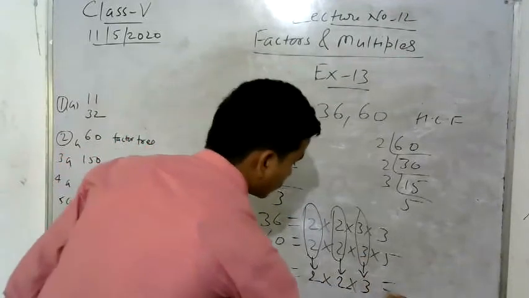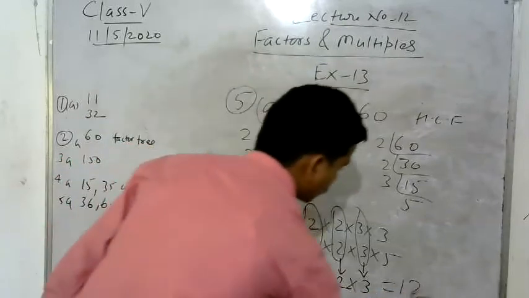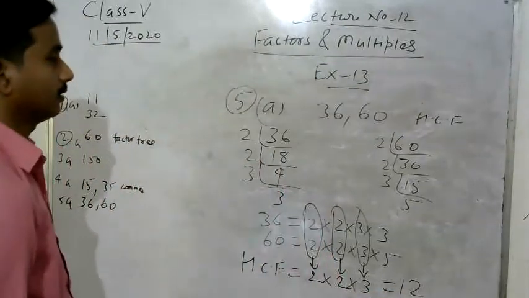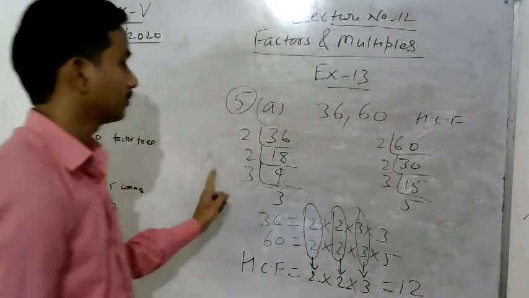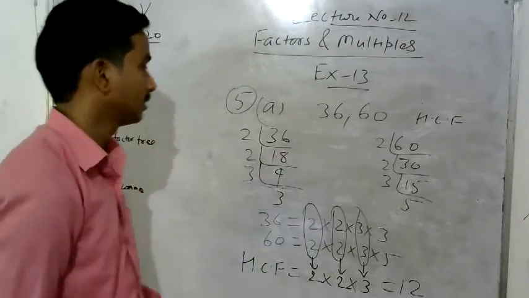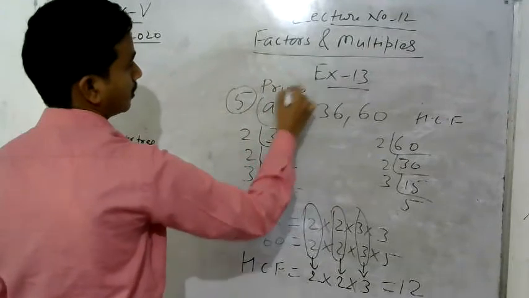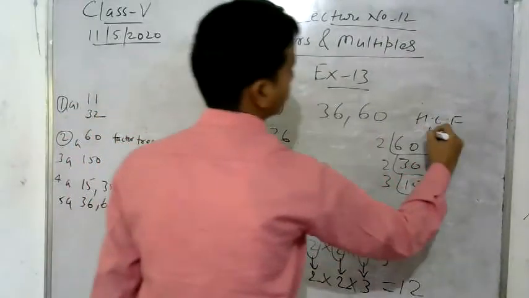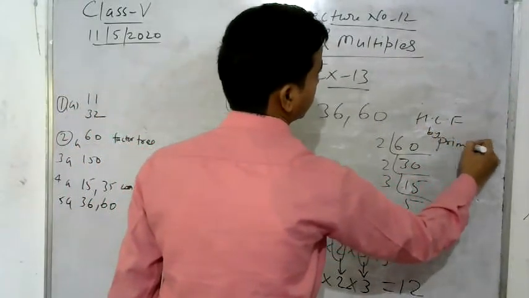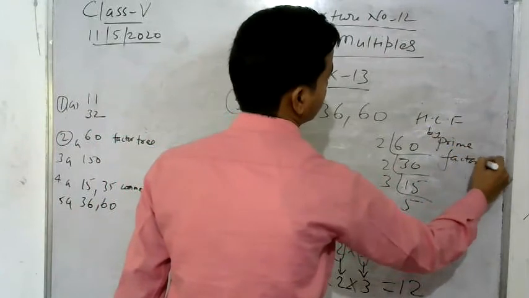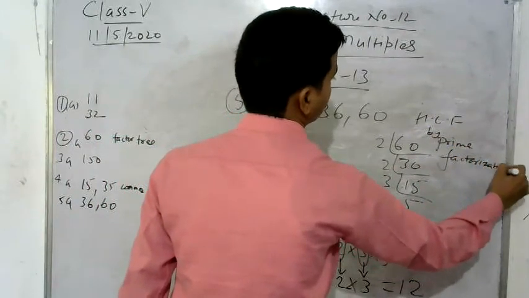Then you will get the HCF. 2 times 2 is 4, 4 times 3 is 12. So 12 will be the HCF of this. In this way, you will find the HCF of these two by the prime factorization method.